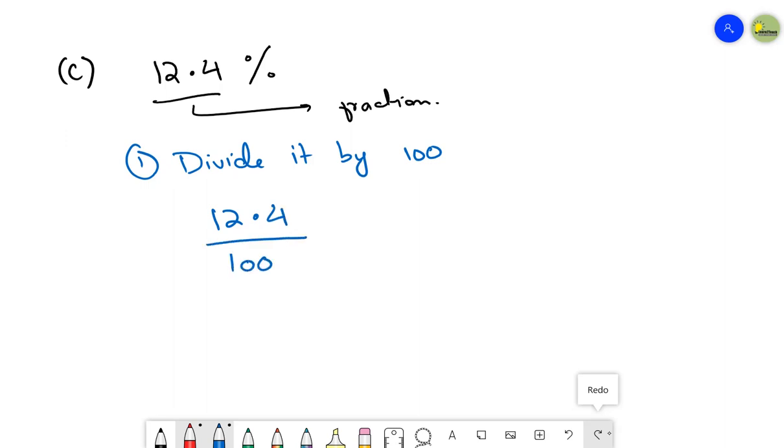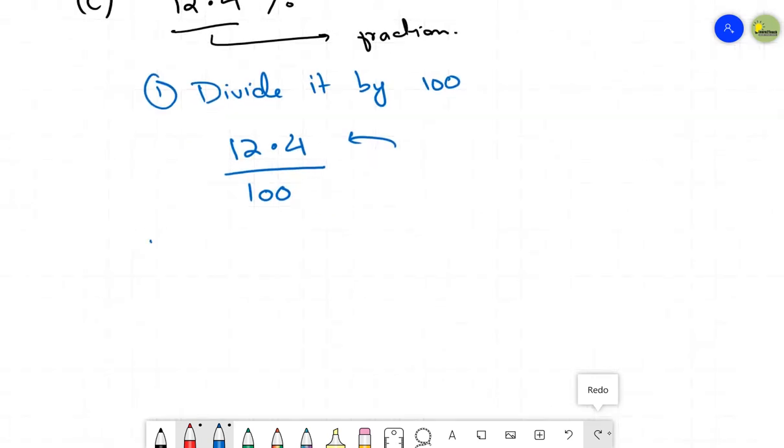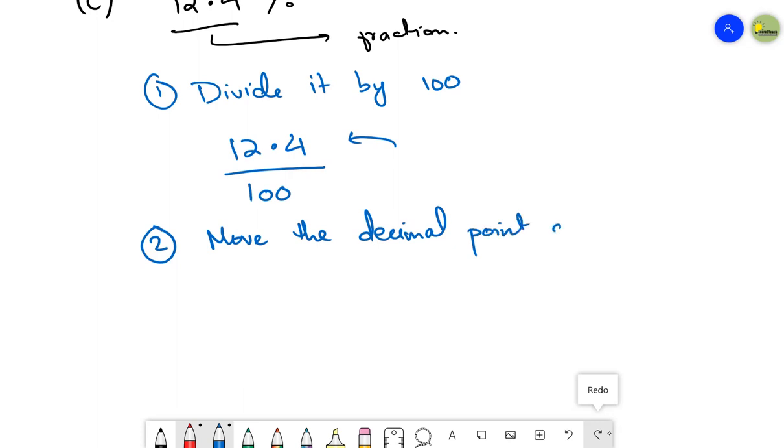Now keep in mind that you have a decimal number. So in the second step, you have to move the decimal point to the end of the number.